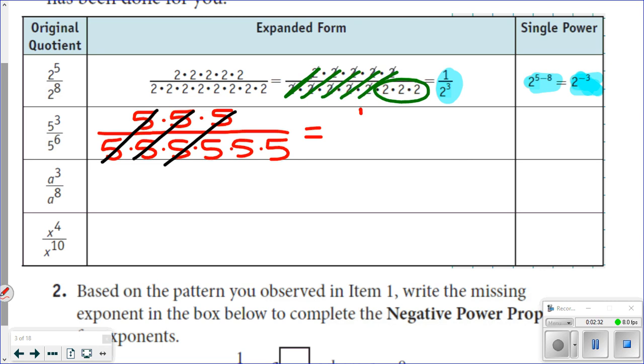So I'm going to put a 1 in my numerator as a placeholder, and in the denominator I have 5 cubed. But if I think about subtracting my exponents, it's 5. What's 3 minus 6? We get a negative 3.